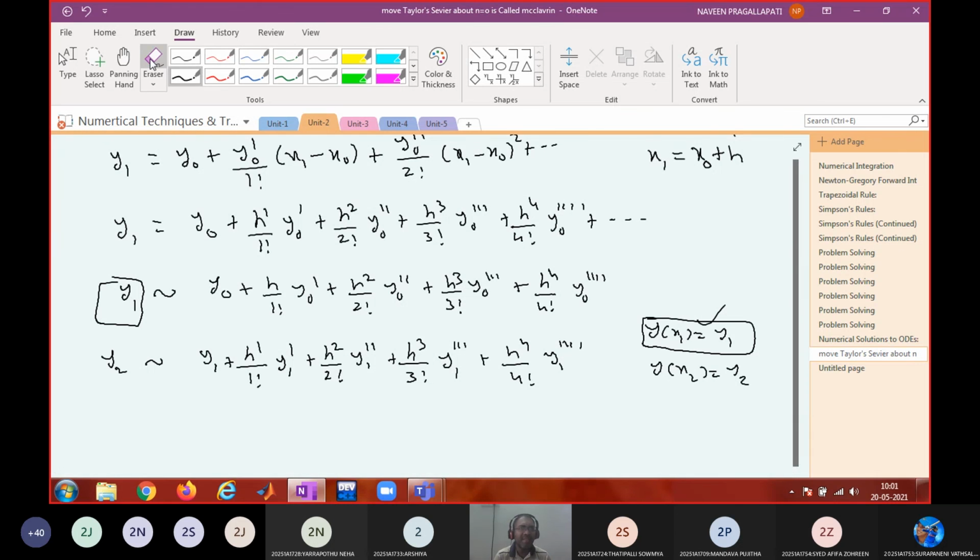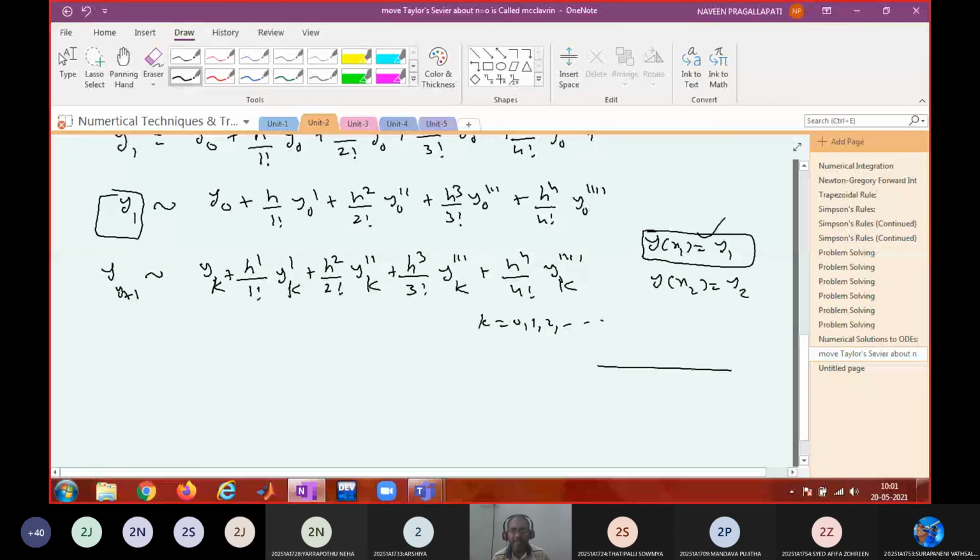So in general, if I want y k plus 1, the answer will be in terms of yk, for k equal to 0, 1, 2, 3 and so on. The only thing is the points have to be equally spaced: x0, x1, x2, x3, so the distance is h, h, h, h like that.